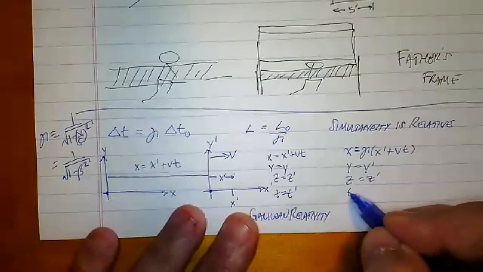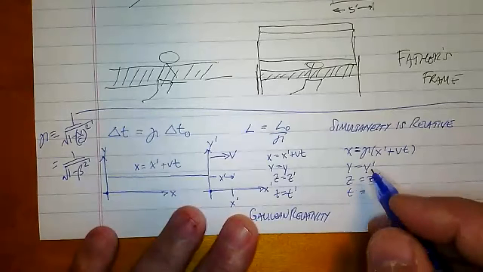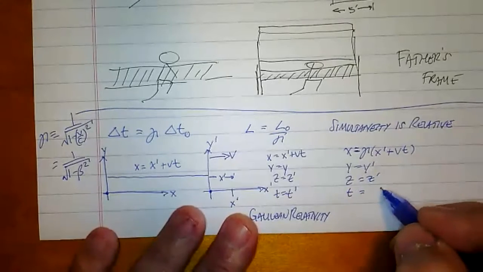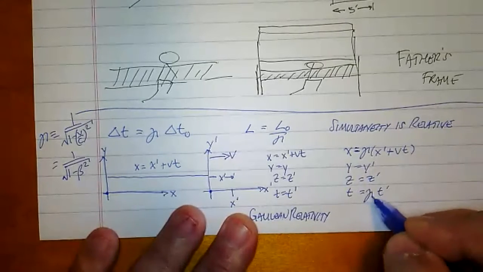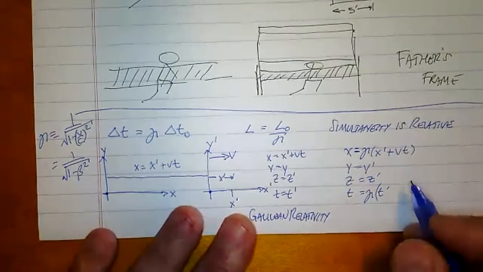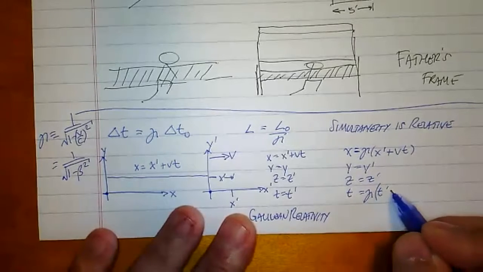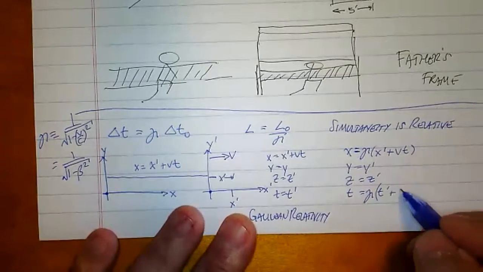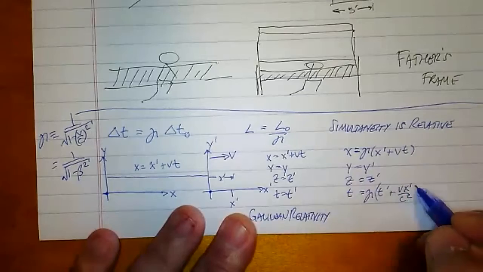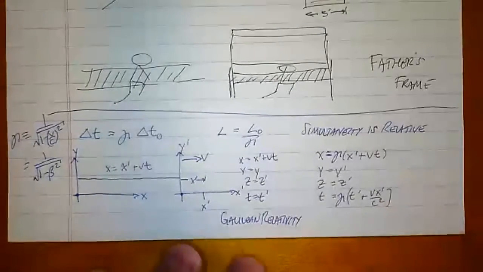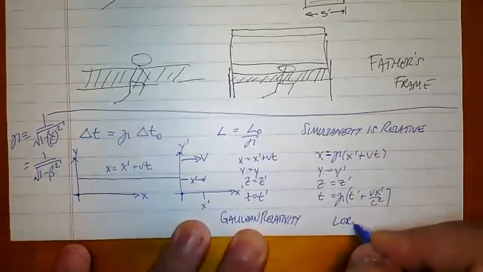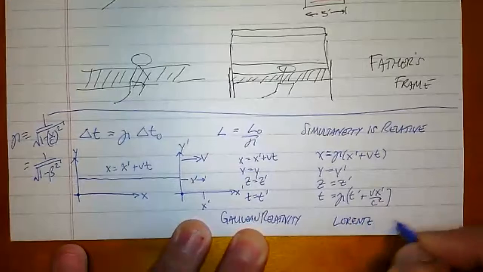We're going to get t is not equal to t prime. In fact, it's equal to gamma times t prime plus vx over c squared. Okay, this is the Lorentz transformation.